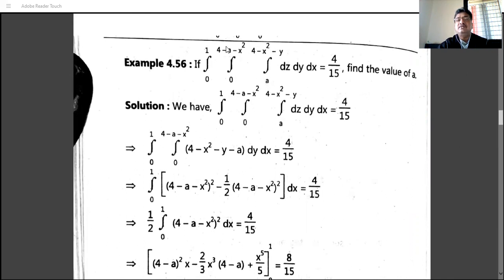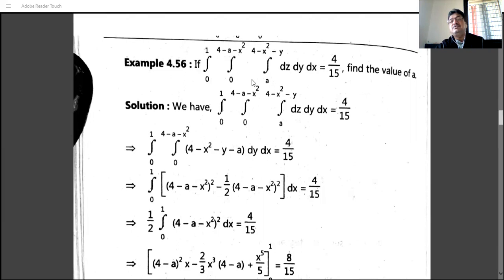So this is equal to, z runs from a to 4 minus x square minus y, and this limit is a function of x, and therefore this is the limit on y. But already this is the limit on z, means this is the limit on y. So y runs from 0 to 4 minus x square, and obviously this is the limit now on x.